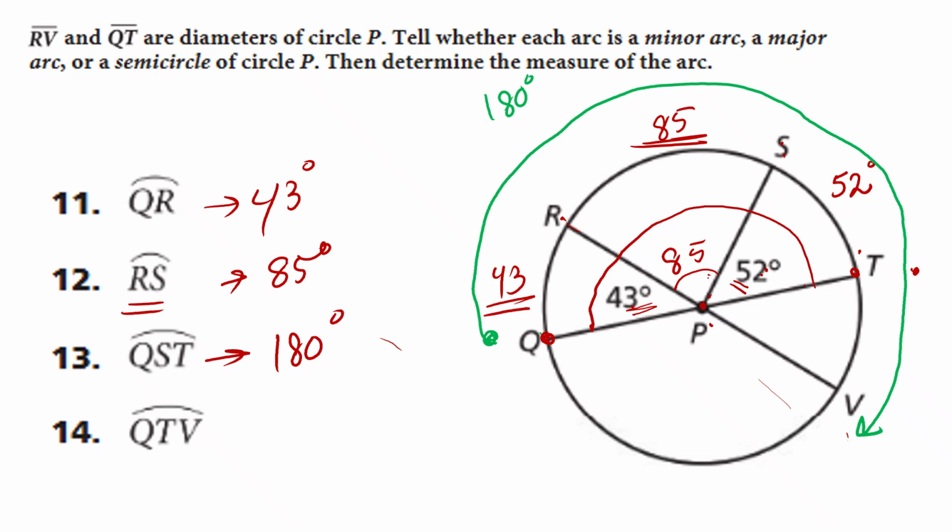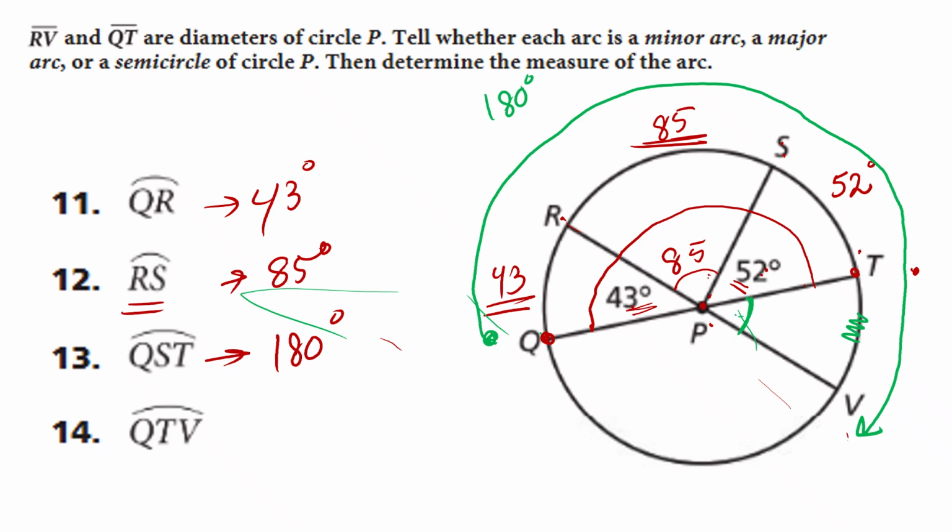I actually need to find out the measurement of this angle. If I find out the measurement of this angle, I will be able to find out the measurement of this opposite arc and then I will add it to 180 degrees to get my whole answer.